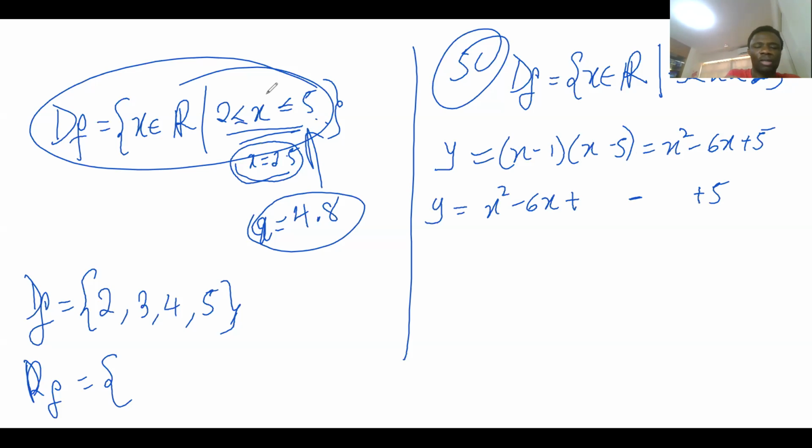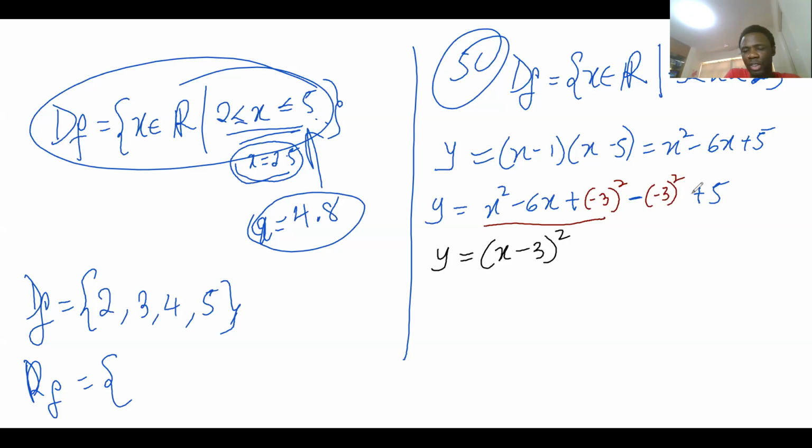So what is that term to be added? It is half of this squared. So that's minus 3 squared. Because you're adding and subtracting it, nothing is changing. So basically, y equals x minus 3 all squared, minus 9, plus 5. So y will be equal to x minus 3 all squared minus 4.